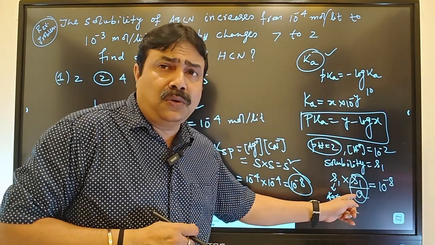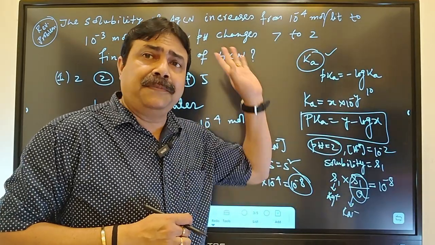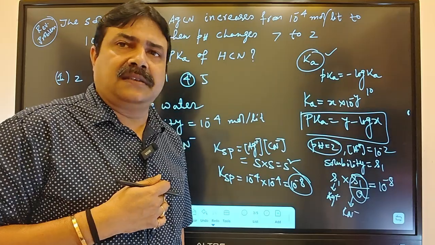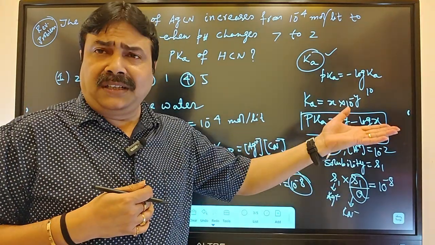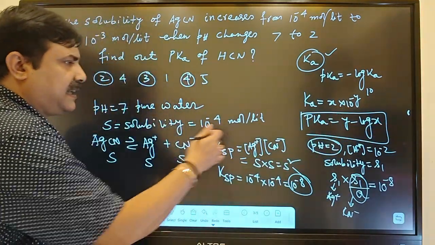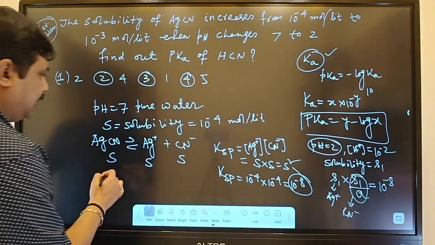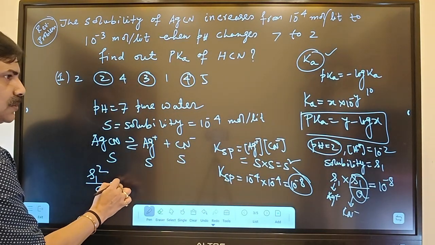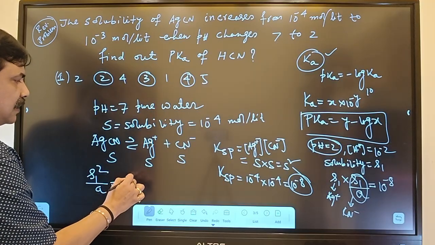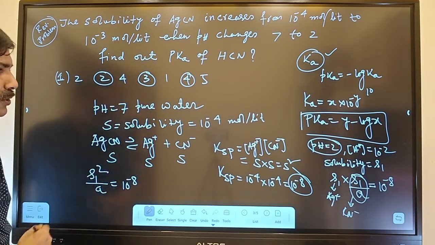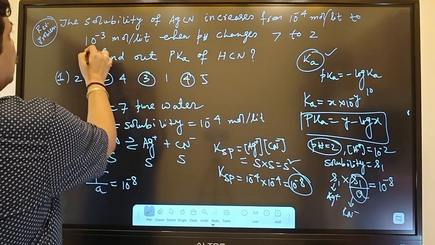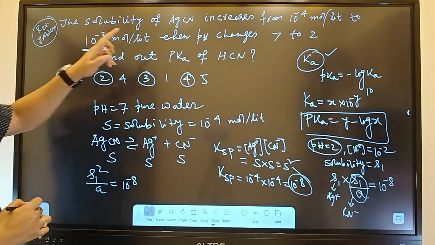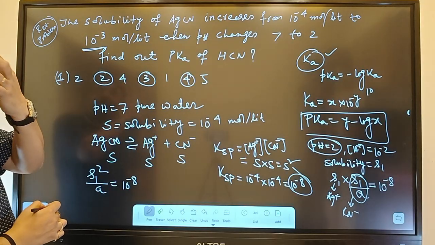But here we don't know the value of A. That problem was there. That's why I used to give those indications. But here the A value will be different. So I will do it over here itself. Immediately I can write S1 square by A equals 10 power of minus 8. And here your S1 equals 10 power of minus 3, because when pH is 2, your solubility increases from 10 power of minus 4 to 10 power of minus 3.